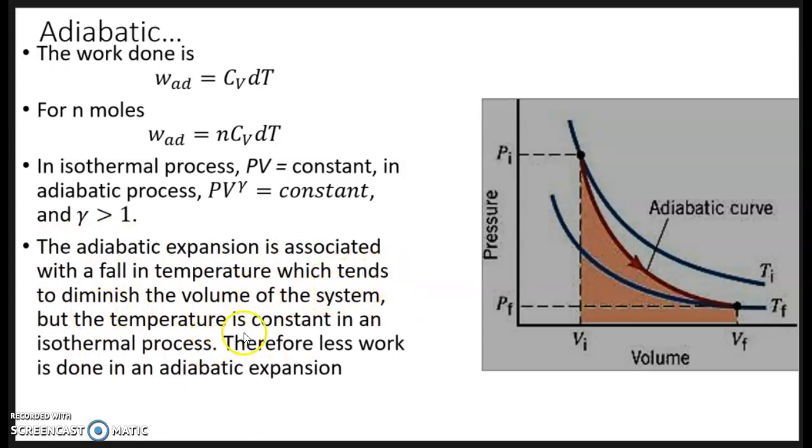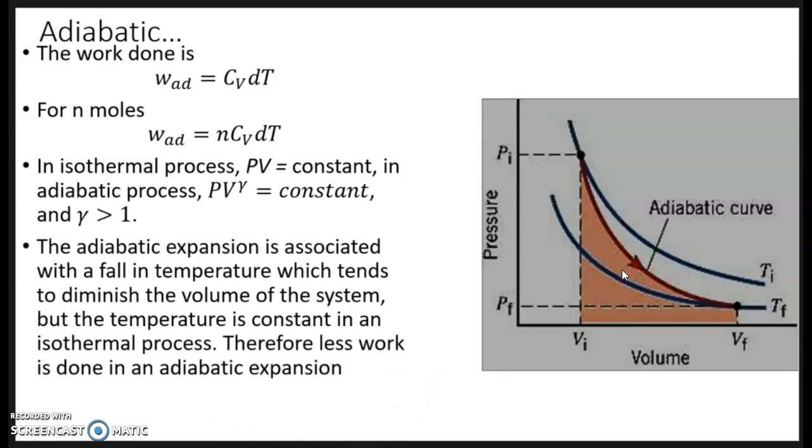In an isothermal process, the temperature is constant, and therefore less work is done always in an adiabatic process. Okay, so that's that about adiabatic processes.